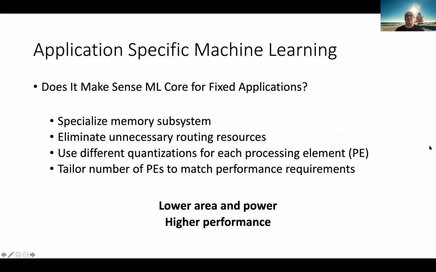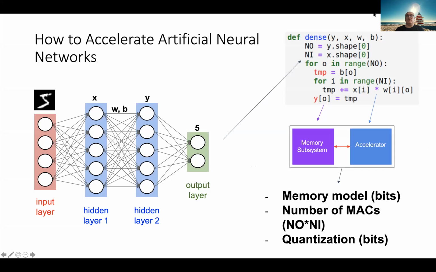So when we talk about machine learning acceleration, usually if you have a network like this network here on the left, and you have a very simple implementation of a dense layer, which is basically a matrix multiplication operation. When you're talking about acceleration, we're talking about a few items.